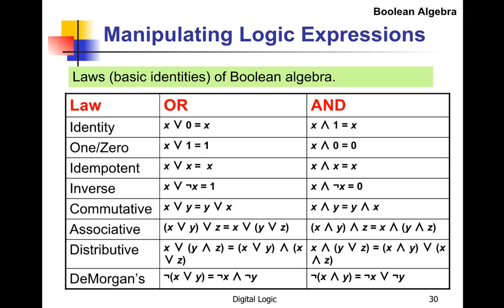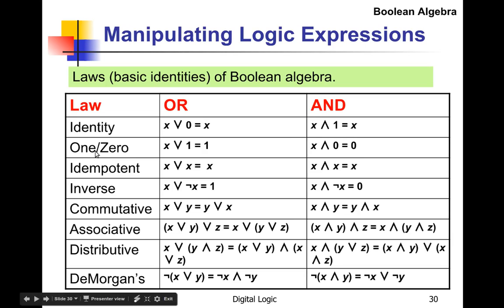Okay, so there are some identities. These are Boolean logic identities, Boolean algebraic identities, and they are kind of like properties. They're worth learning and looking at. If you take x and you OR it with 0, you always get whatever x was. If you take x and you AND it with 1, you always get whatever x was. That's called the identity property for OR and AND.